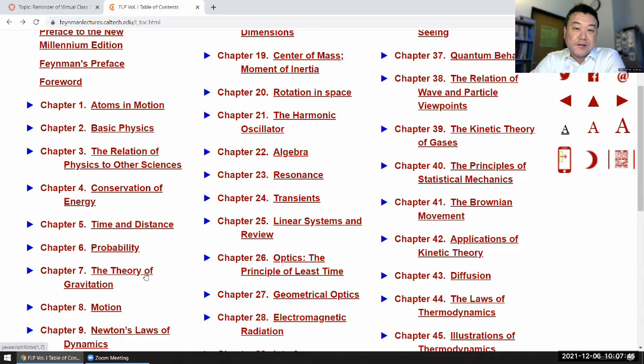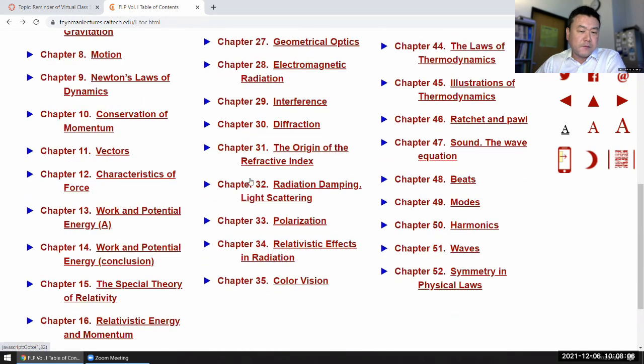So if you ever major in physics, it's something that many of your physics professors would have read or at least heard about. And from my personal perspective, I think the first summer when I was in college, I spent the first few weeks of the summer just reading through the book, volume one.